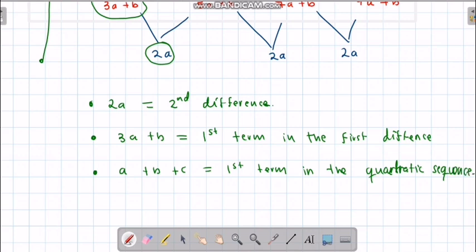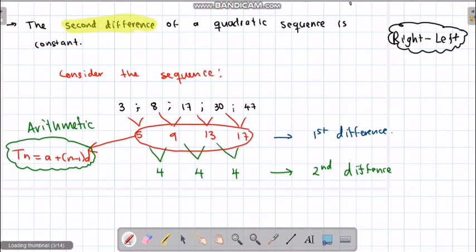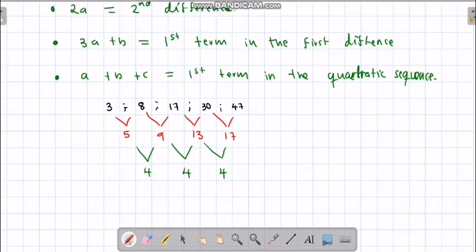So now let's go back to our sequence that was given in this case. Let me take this sequence. For example, if maybe we are being asked to find the general term of this pattern in the form of Tn is equal to an squared plus bn plus c.